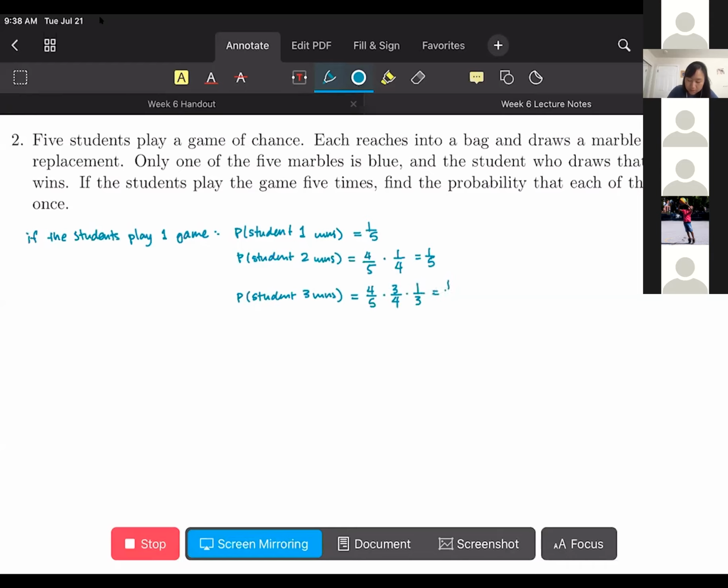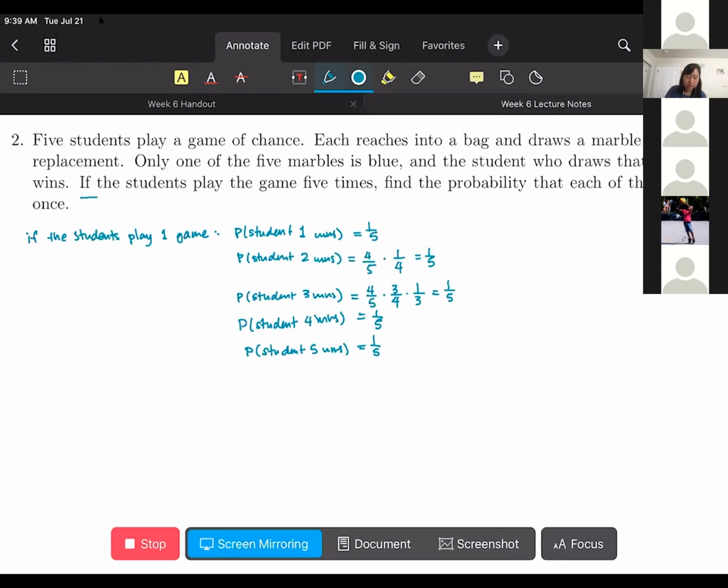So this is going to give us 1/5. And using the same reasoning, the probability student 4 wins is also 1/5, and the probability the last student wins is 1/5. So everyone has an equal chance of winning the game. So that's the first thing that I want to see.